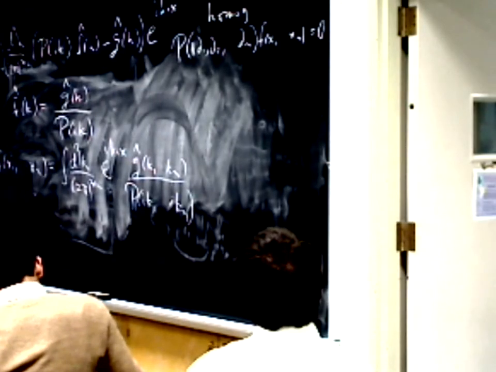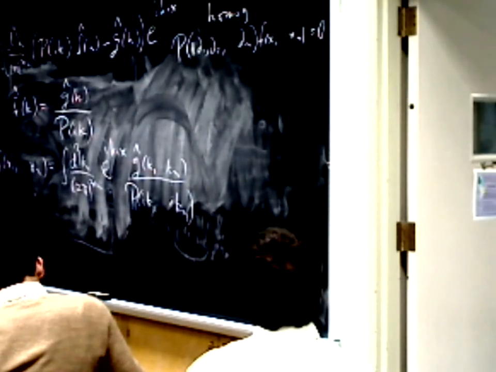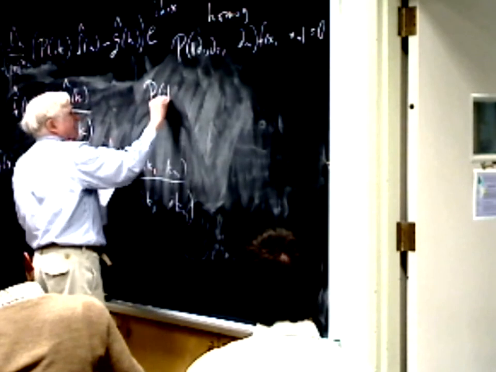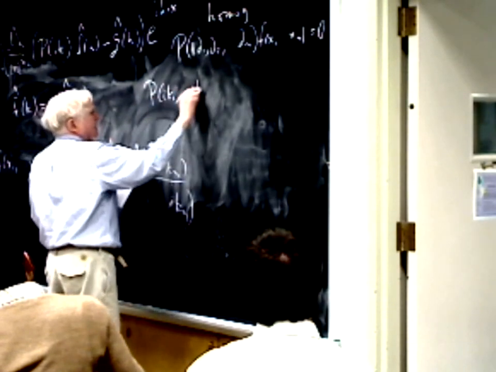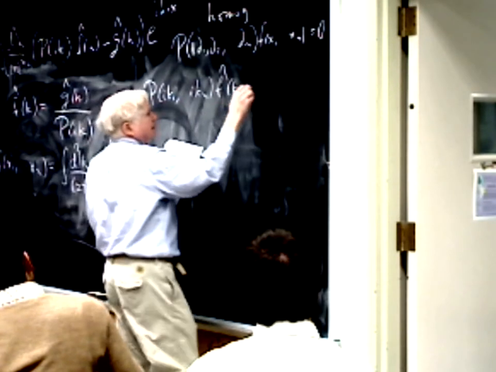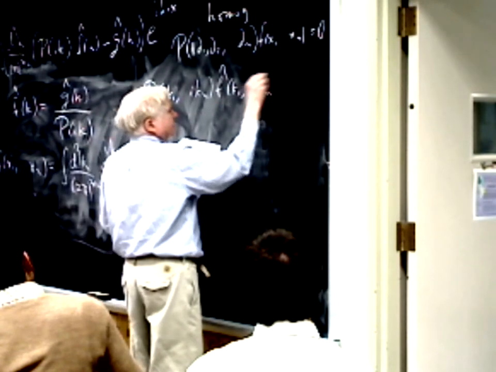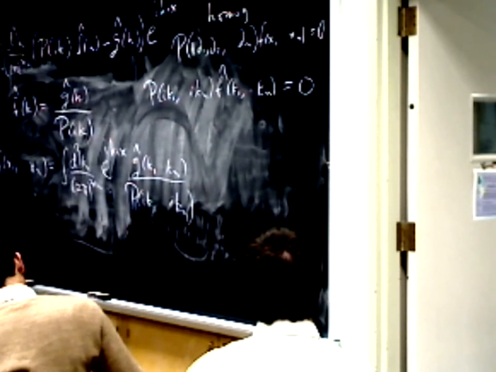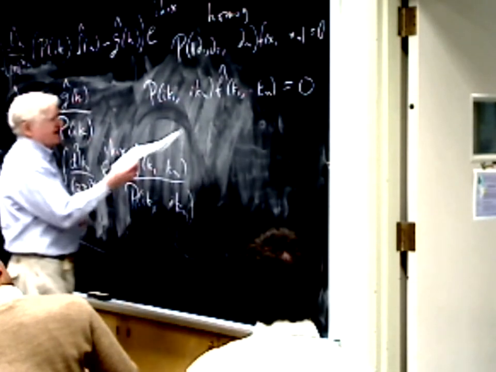All right, well, the analogous equation here is p of ik1 through ikn, f hat of k1 through kn equals 0. Now you might say, gee, that's pretty confusing. Doesn't that just mean f hat is 0?